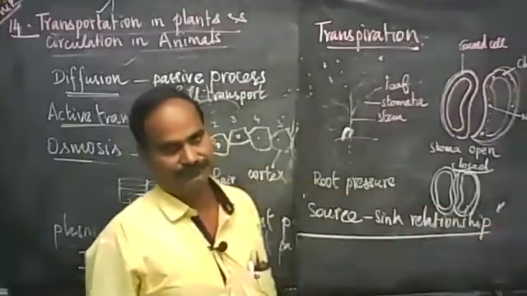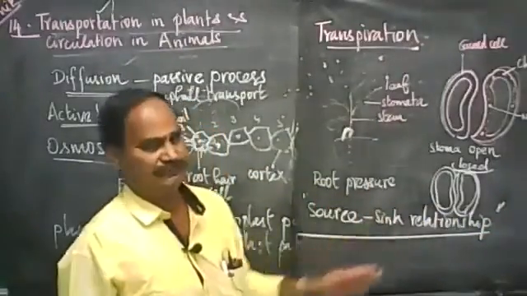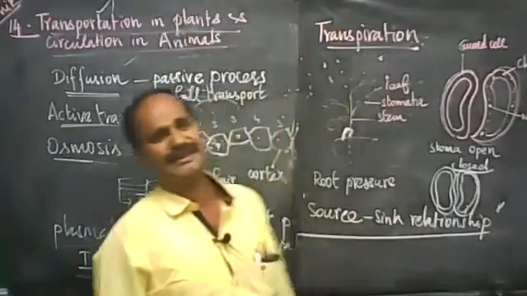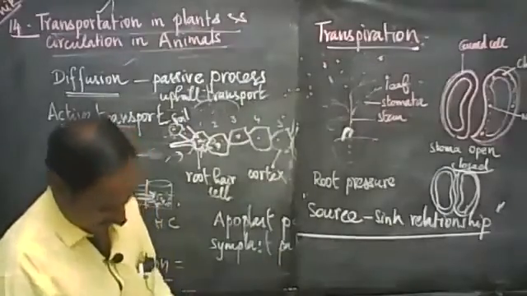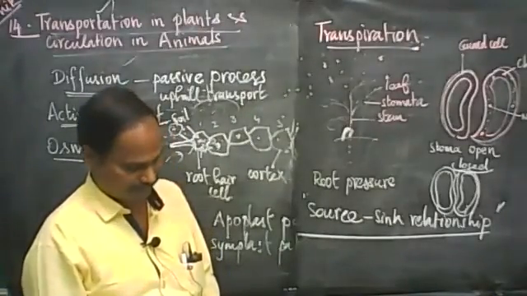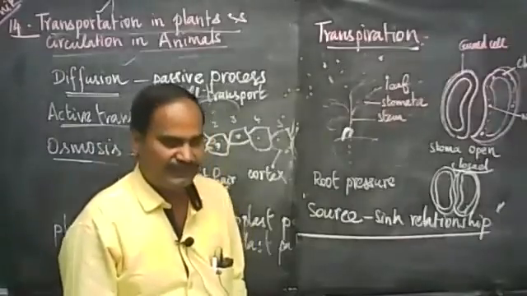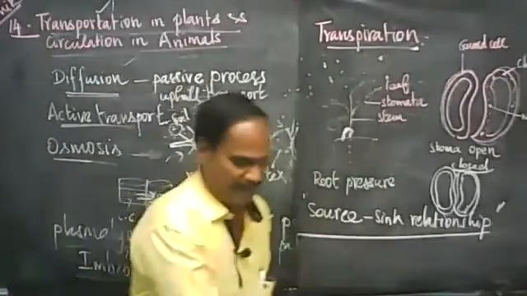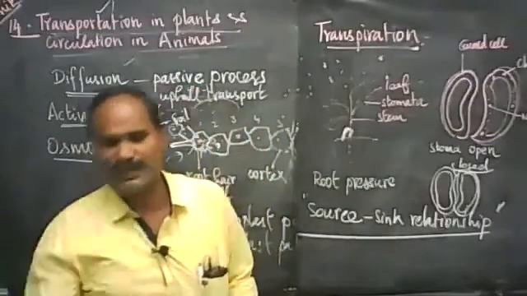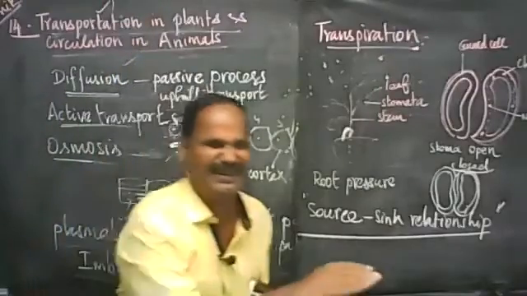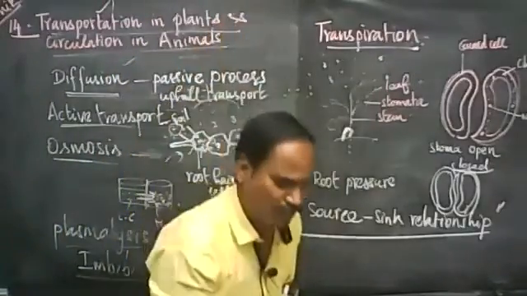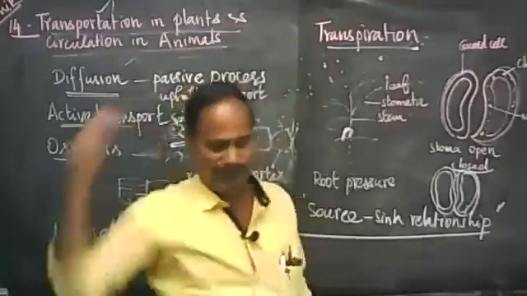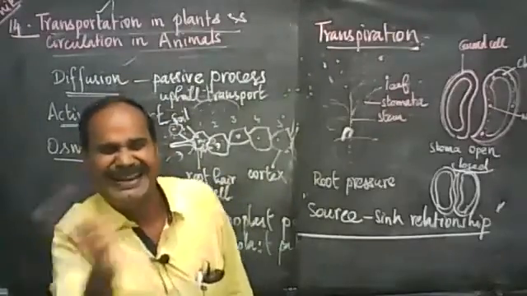This is the relationship of the movement process. Movement of organic food material from leaves to root, or from one part of the leaves into the upper plant body. So it is bidirectional.